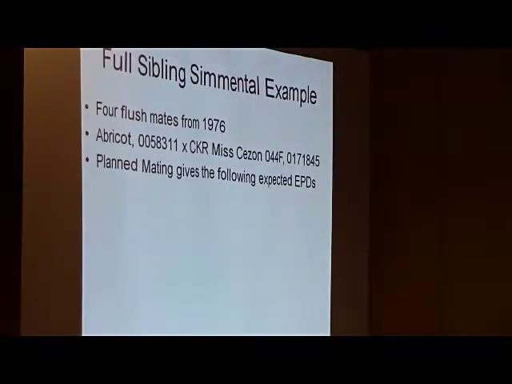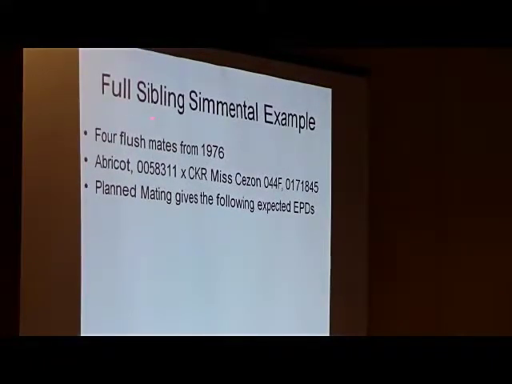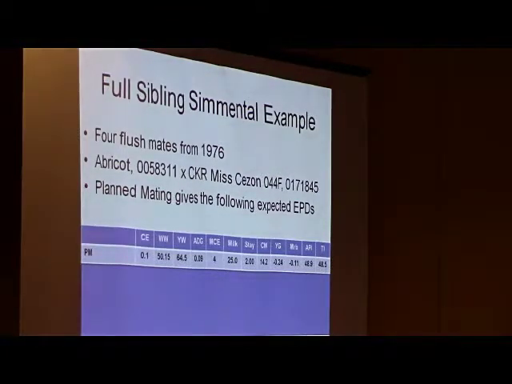This is the example that Wade was talking about. There are 4 full siblings from one flush in 1976. There's the parents, and if you plug this into planned mating, here are the EPDs that you get. I'm sorry, it's kind of hard to see.